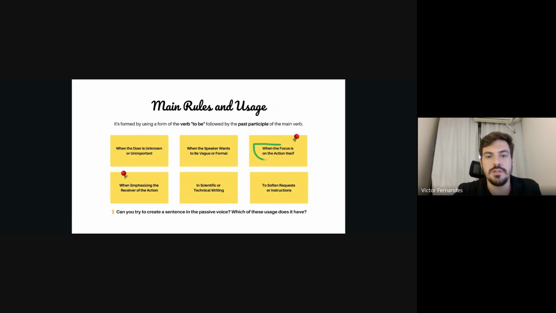And when they focus on the action itself, it's what you want people to look at: the action. When emphasizing the receiver of the action, like I said before, you're putting a spotlight on it, so who received the action is getting the proper attention. In scientific or technical writing, or to soften requests or instructions.